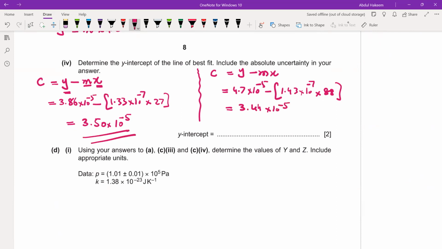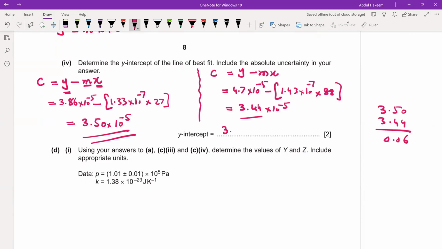Now, this value is the answer for the y-intercept, but the difference of these two values is the uncertainty. We calculate the difference of 3.50 and 3.44, so it is 0.06.